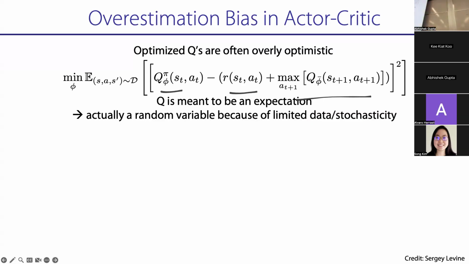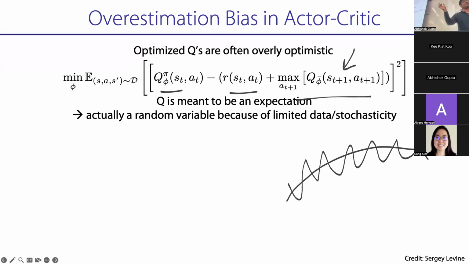But you are estimating Q. You never have the true Q, which means this estimator of Q is a random variable, right? Sometimes it's up, sometimes it's down. It's unbiased in expectation, but it is stochastic. Sometimes it's higher, sometimes it's lower.